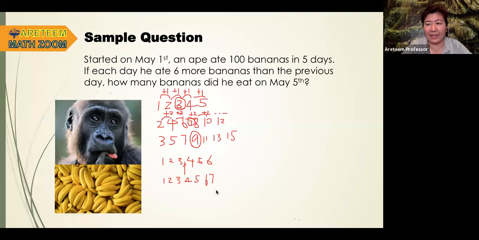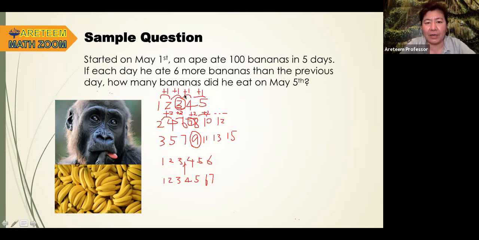Yay. Awesome. So you all get it. Perfect. So now we know this property of this arithmetic sequence, right? So now let's go back to the problem. Let's see how we use that property to solve this problem.